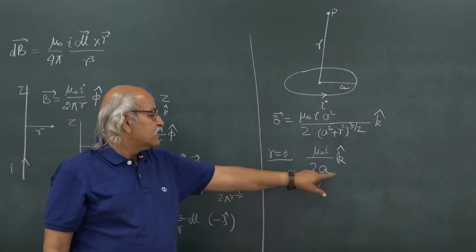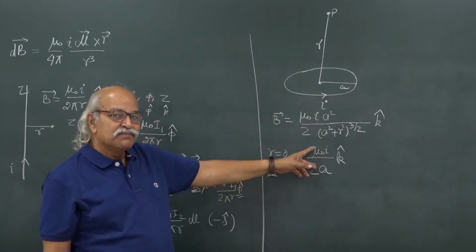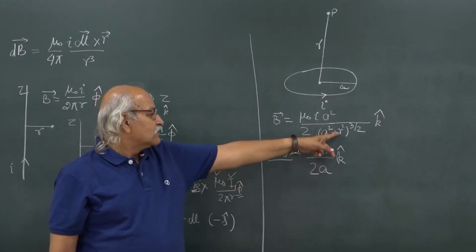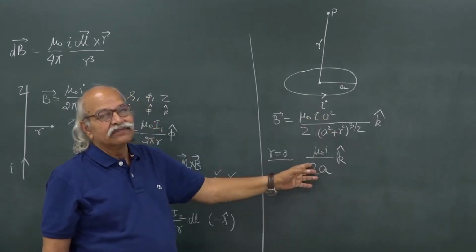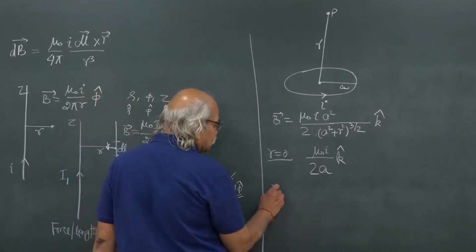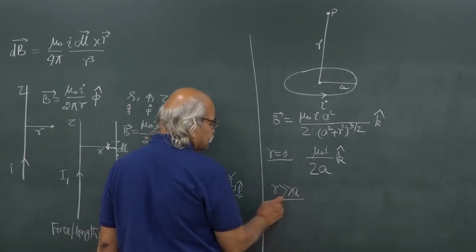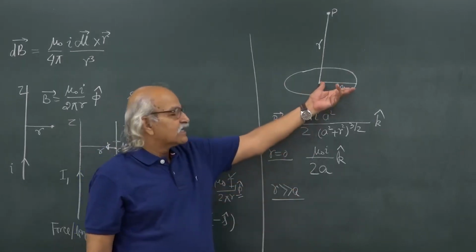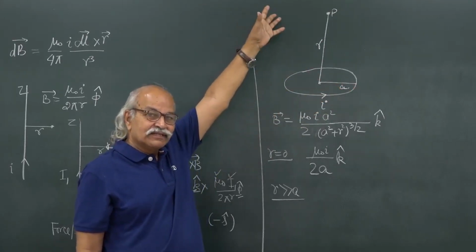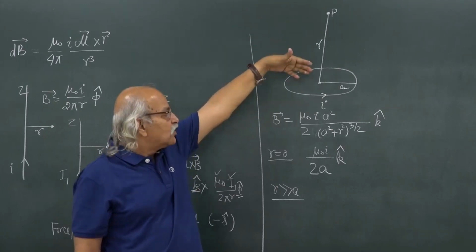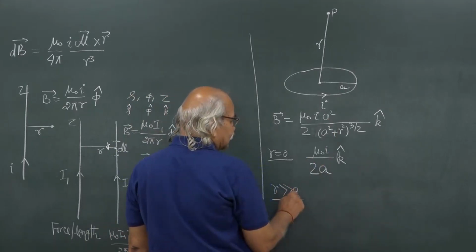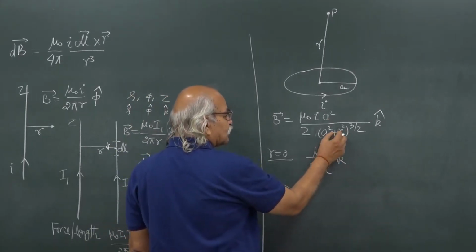In fact, if you remember this at the center expression, this is simpler to remember, mu naught I by 2a, this is a check. By putting r equal to 0, it should reduce to this one. Now, what happens if r is much greater than a? As compared to the size of this current loop, suppose you are at a large distance and you are asking the magnetic field there and how it varies with this r, then your a is very small and it is r square plus a square.